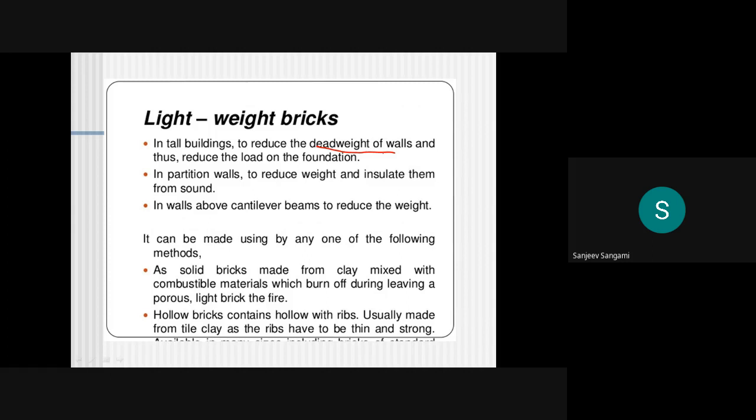To reduce the dead load on the beams, lightweight bricks can be used. Also in partition walls to reduce the weight and insulate them from sound. They have many applications, just go through it once.